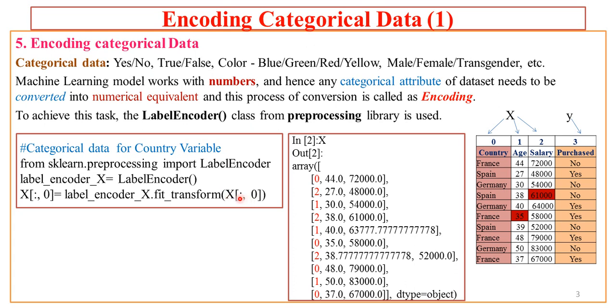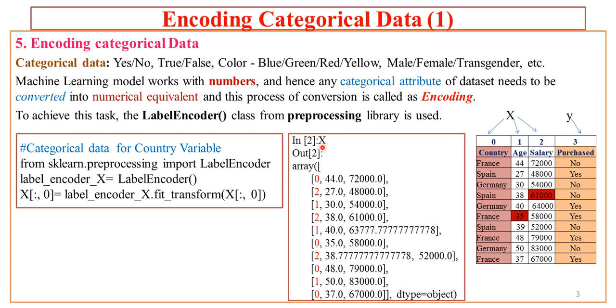So I have specified here that I want to apply the transformation on the entire independent part of the data set. The first colon indicates the rows, that is all rows, and the comma 0 indicates only one attribute, that is the column at column index 0, that is country. So this will apply the encoding on all rows, but on only one column vector, that is country, having column index 0.